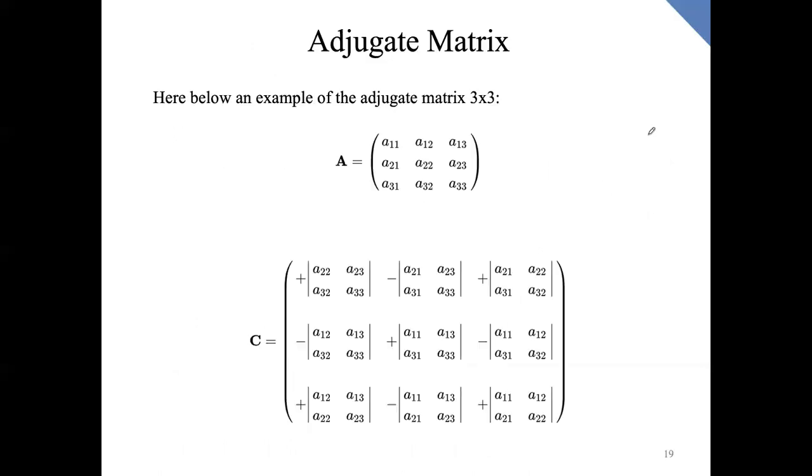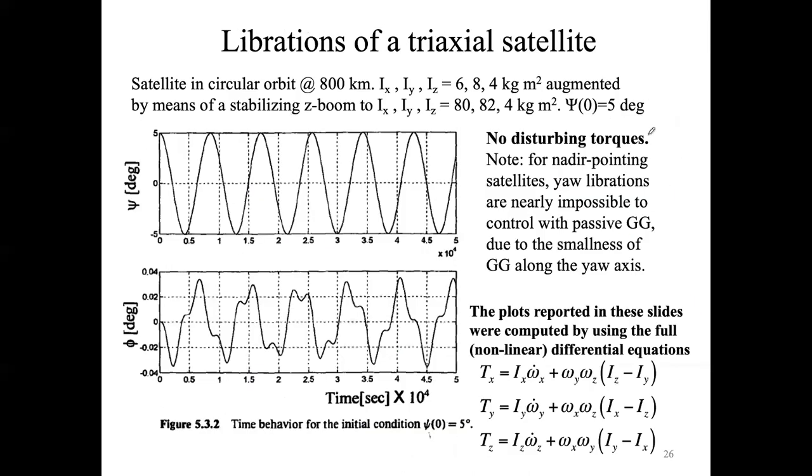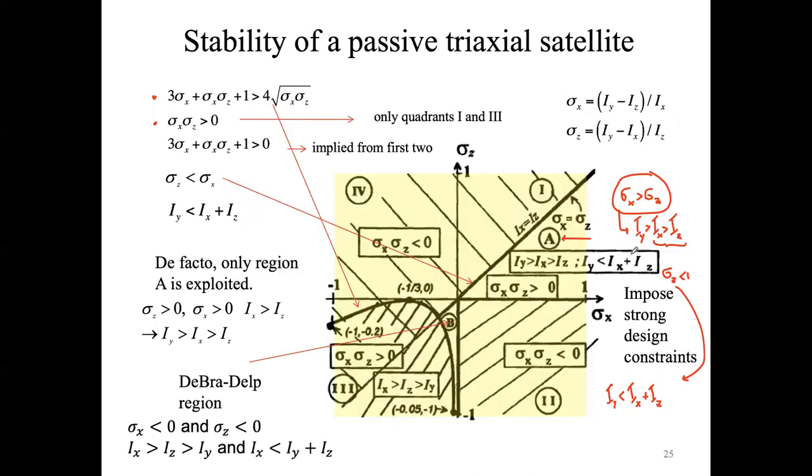And the main important thing here is that you have a direct relationship between the three moments of inertia to know from the beginning if you are going to have a stable satellite because of gravity gradient or not. There is a caveat although: what we are seeing here is valid only for small angle approximation. So we are assuming that our body frame is very close to the orbital frame.